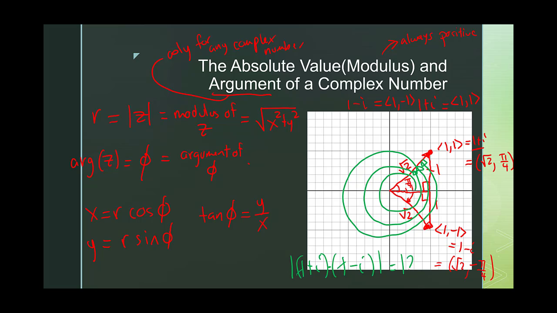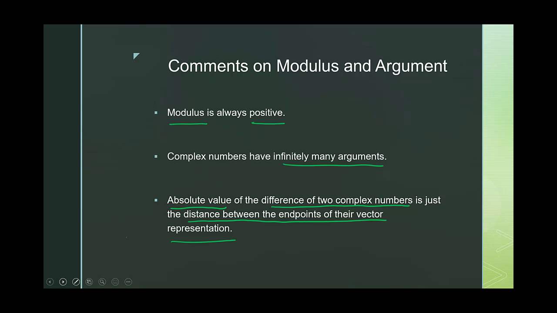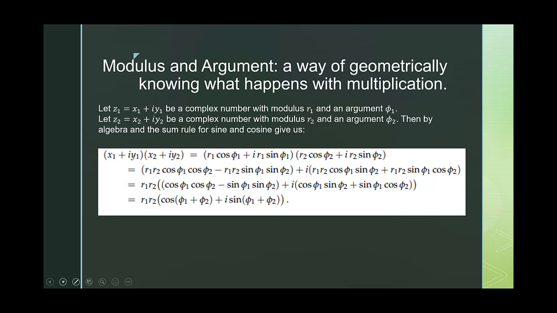You get 2i, and then you'll get 2 from that. And if you just take the distance between the tips of their vectors here, what do you also get? You get 2. So again, if you ever take the modulus or the length of the difference of two vectors, all you're getting is the distance between the tips of those vectors, or the ends of those vectors. So same thing that we had back in Calc 3.